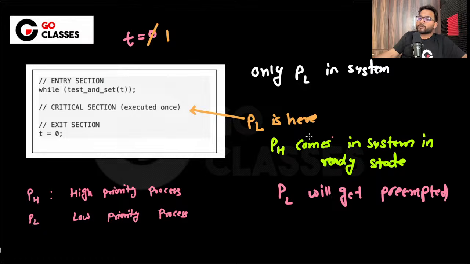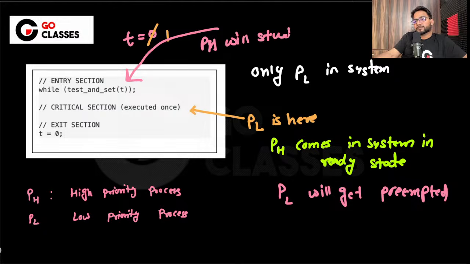The priority scheduler will always prioritize the high priority process. And now PH will try to enter the critical section. But since T is already 1, it will not get into the critical section. PH will be stuck here in the while loop.